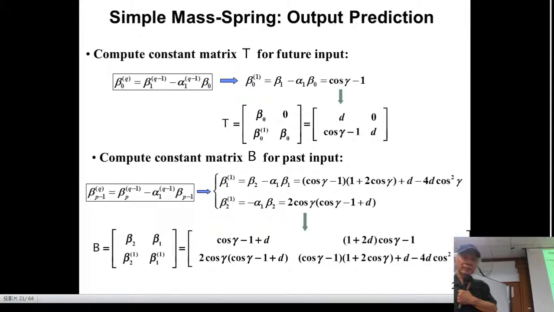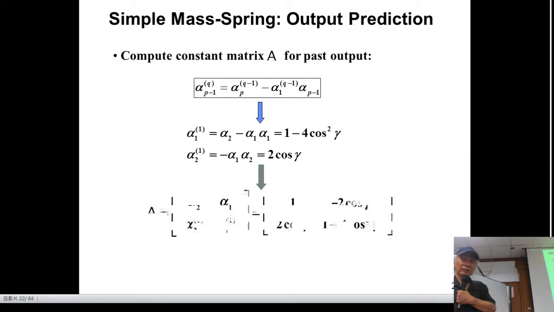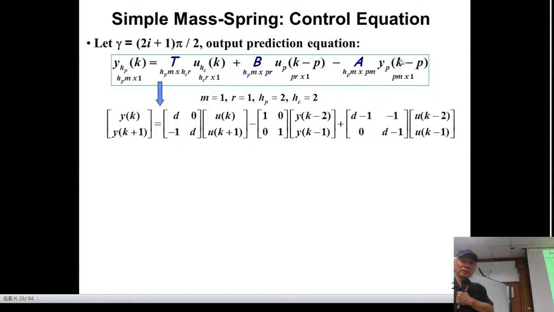I didn't have a chance to do all that for you from the example we have. The same thing, you can use this formula to solve for A. As soon as you solve that, you will be able to form the output prediction matrix.